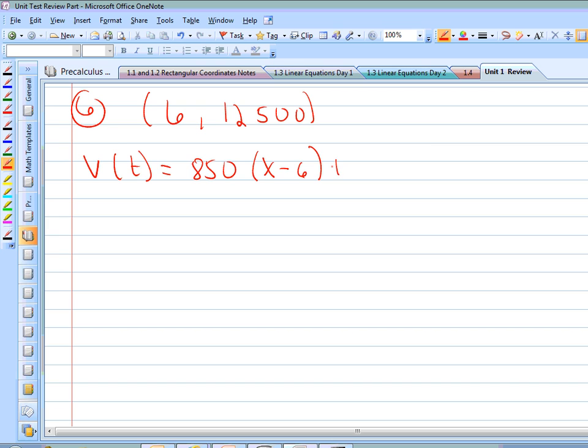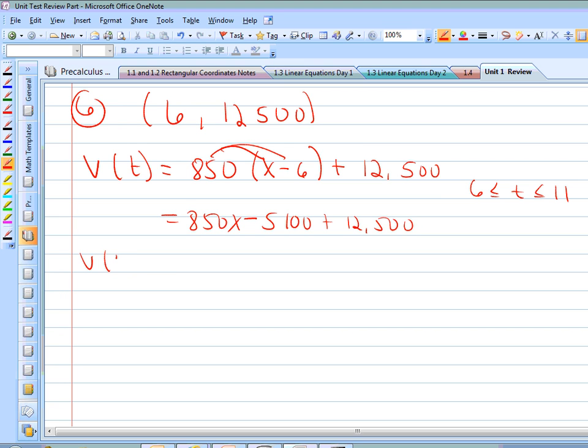And we're going to add to that 12,500 because currently, in the current year, it's worth 12,500. We're trying to get an equation for what it was worth in year 0. And this will give us the equation between year 6 and year 11 we're going to be predicting. So when we distribute the 850, you get 850x minus 5,100 plus your 12,500.